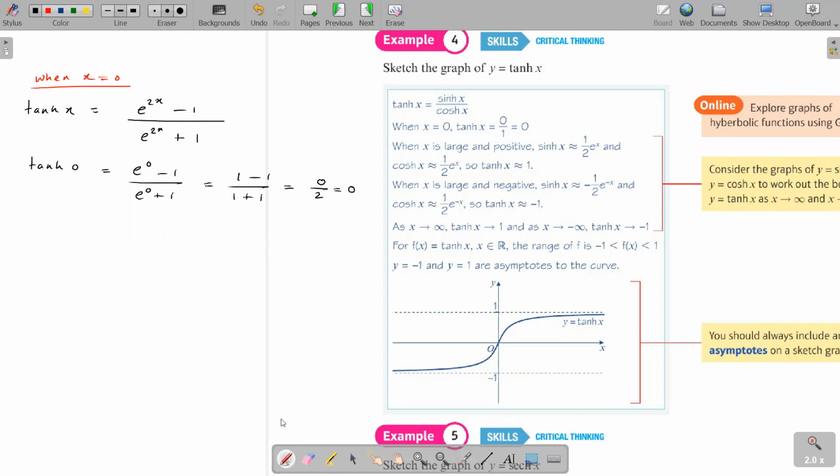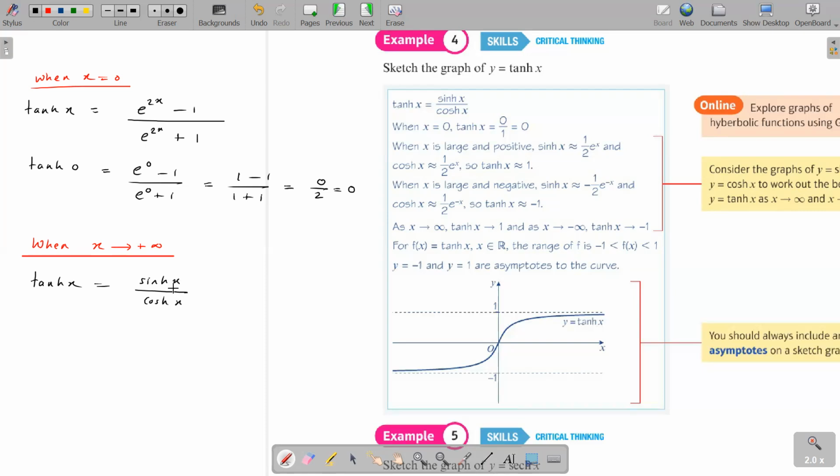Then we check what happens to the graph when x is large and positive. So what happens to tanh x when x approaches positive infinity? What we do here is use the help of our previous results. You know tanh x is sinh x over cosh x, right?